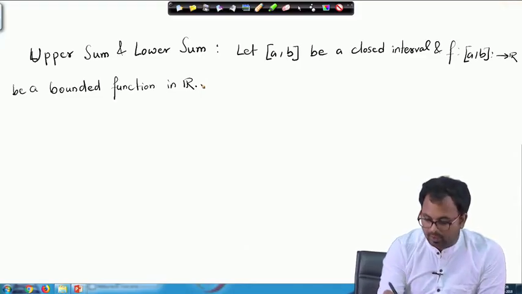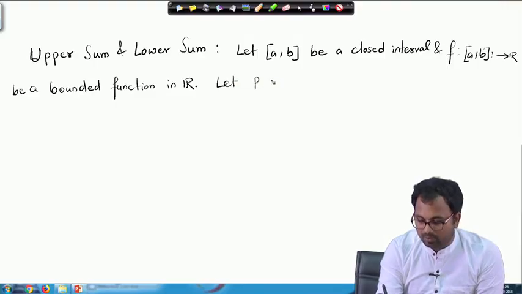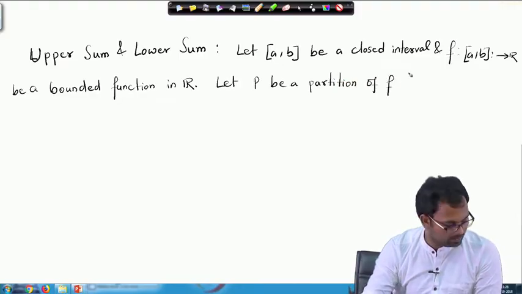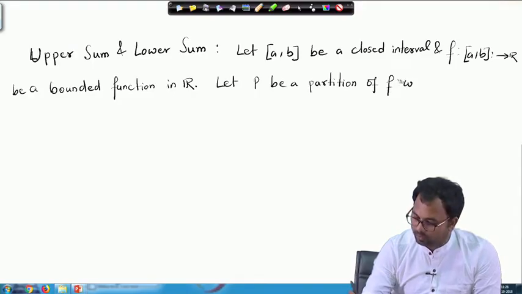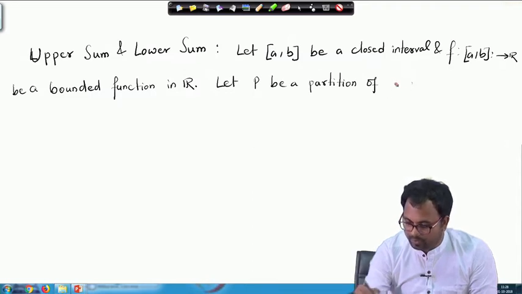And we say let P be a partition, not of f, but a partition of the closed interval [a, b]. I beg your pardon.